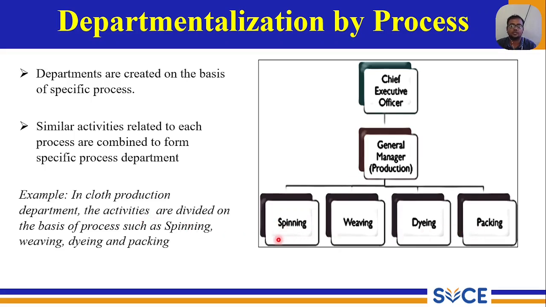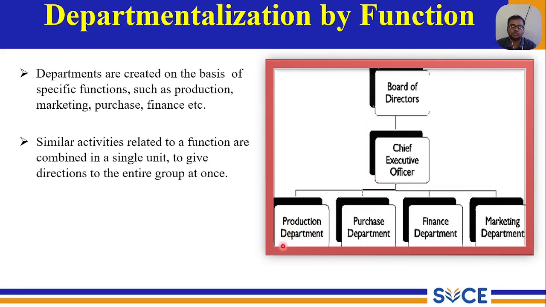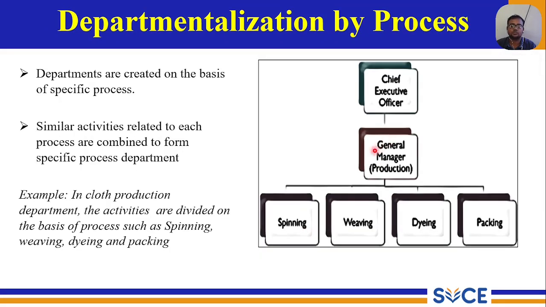Under this production department, there will be a manager responsible for the entire production, called the general manager of production. He will have his own processes which are segmented. There will be a set of people working under spinning, and he needs to take care of this process individually, weaving individually, dyeing individually.